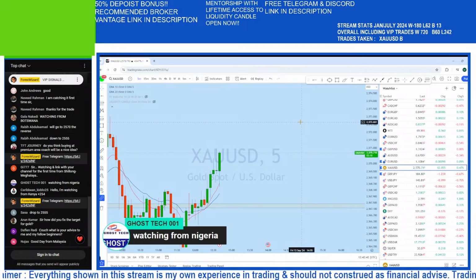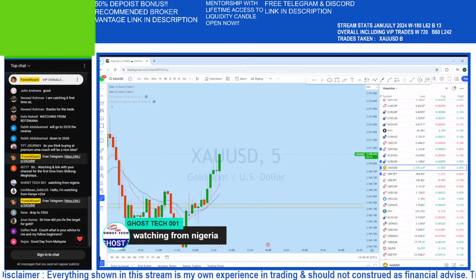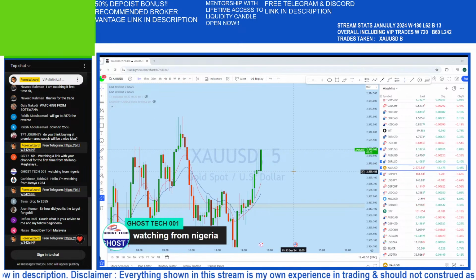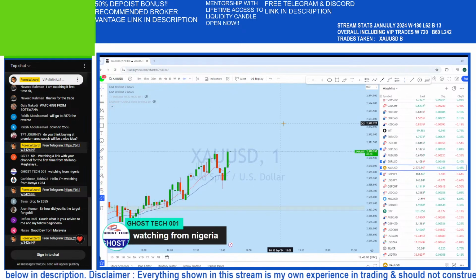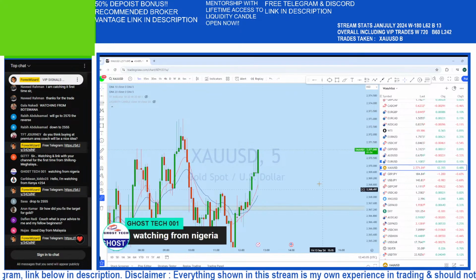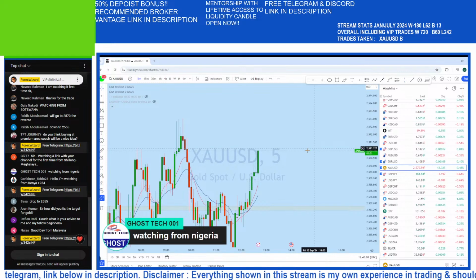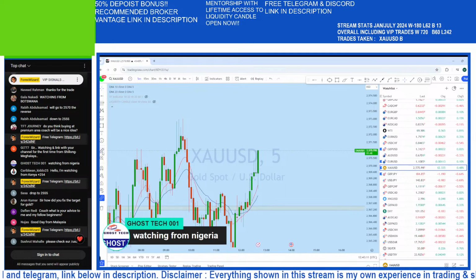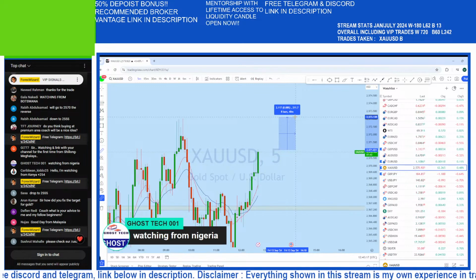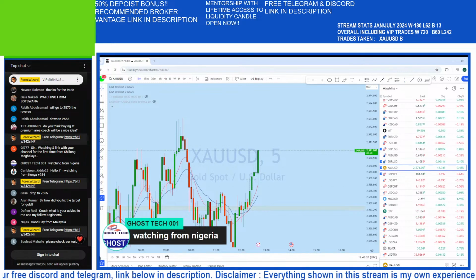This is a 5-minute chart on gold, forming another liquidity candle. If we look at gold on the 5 minutes, the market dropped down for a deeper pullback.